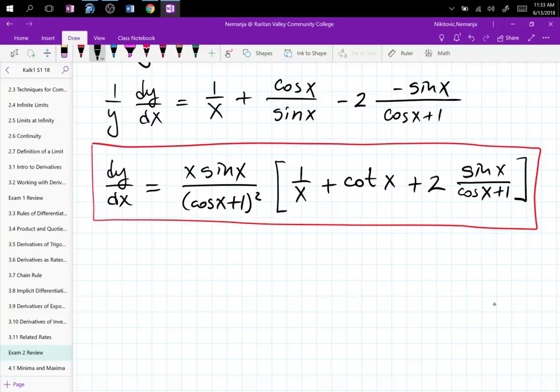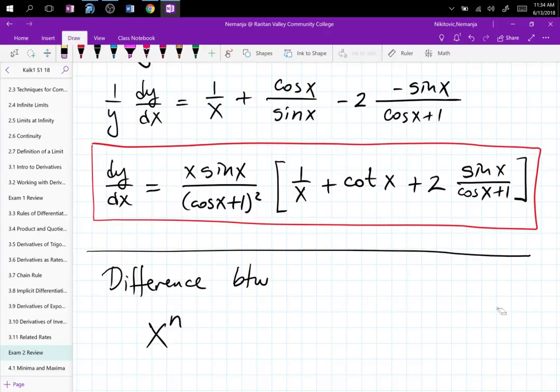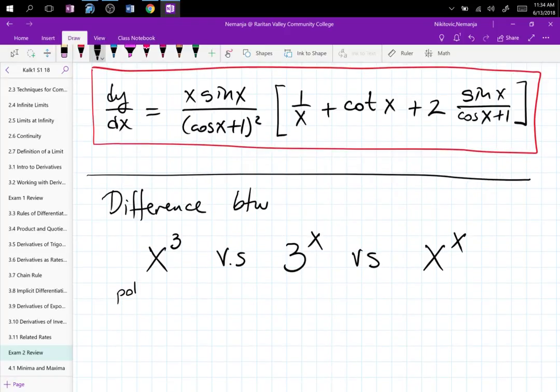So, it would be a good exercise for everyone to study the difference between x cubed versus 3 to the x versus x to the x. This first one is a polynomial, therefore we are using n x to the n minus 1.